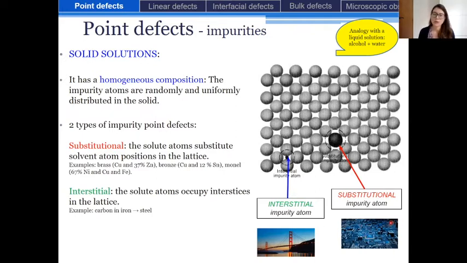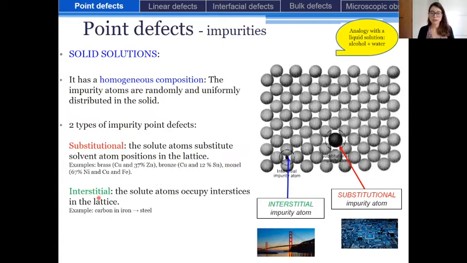And there are also other examples, for example, brass, which is copper and a certain amount of zinc, so 37% of zinc. Bronze also, monel, and so on. So a lot of alloys are substitutional solid solutions.